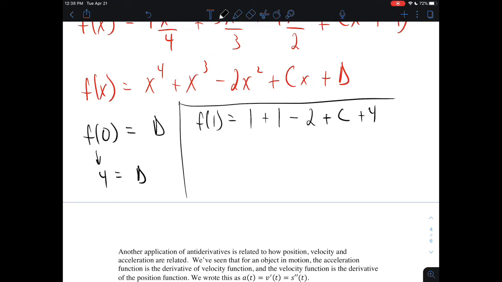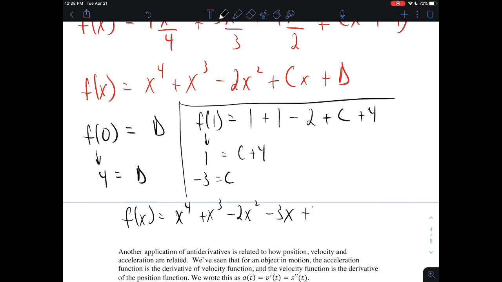And since f of 1 is equal to 1, and then on the right-hand side I have 2 minus 2, so they cancel, and then plus c plus 4. So subtracting 4, c is equal to negative 3. So then our answer for our function, f of x, equal to x to the fourth plus x cubed minus 2x squared minus 3 times x plus 4.